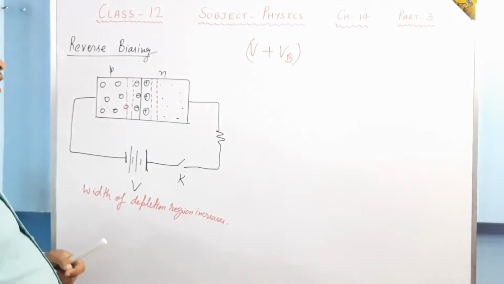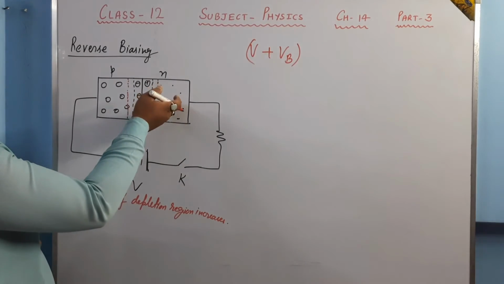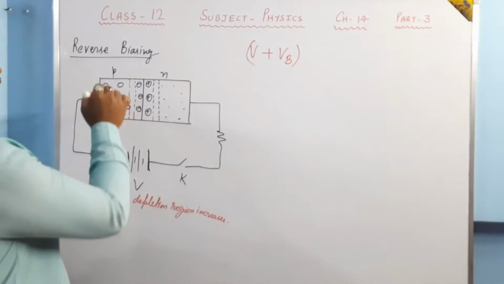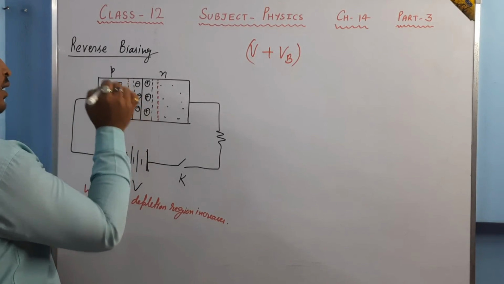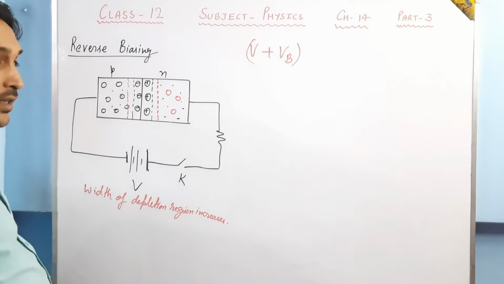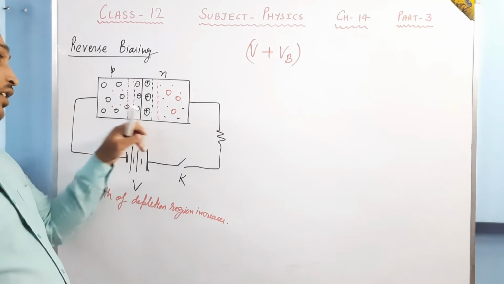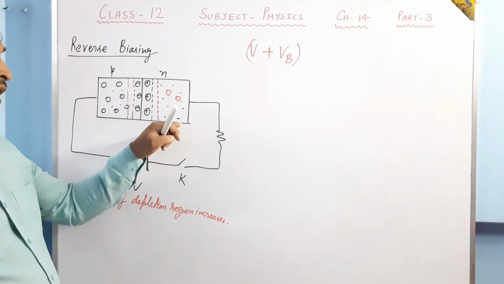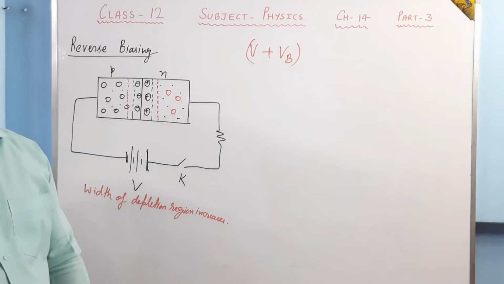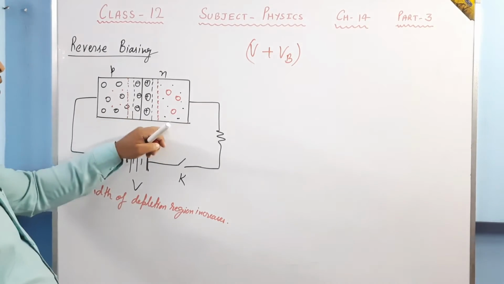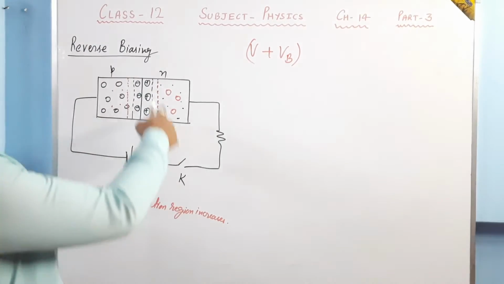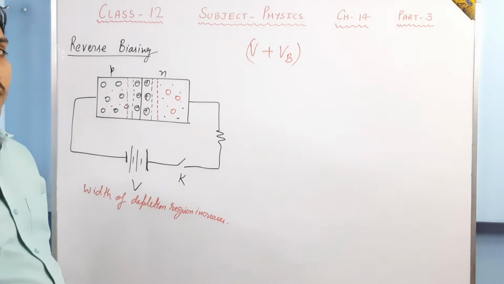So majority charge carriers are not allowed to flow from N side to P side and P side to N side. But again, there are some electrons in the P side which are less in number, and there are some holes in the N side which are less in number. Now this increased reverse voltage supports the flow of these minority charge carriers, and because of them we get current across the junction. But since they are very few, current is very small.